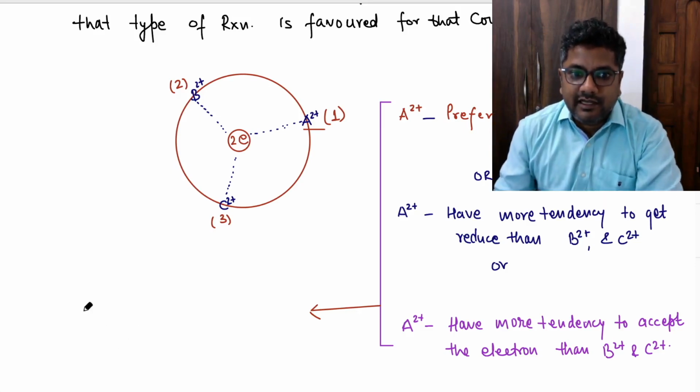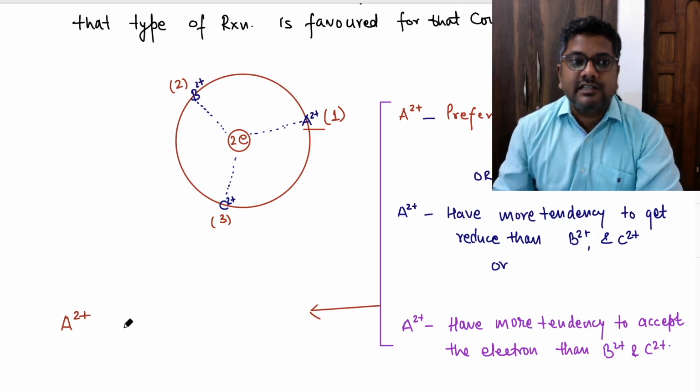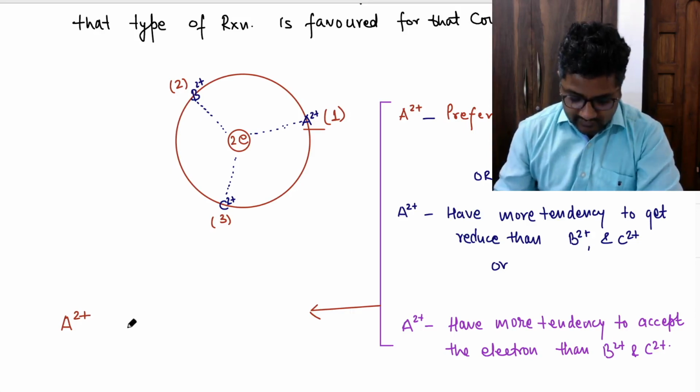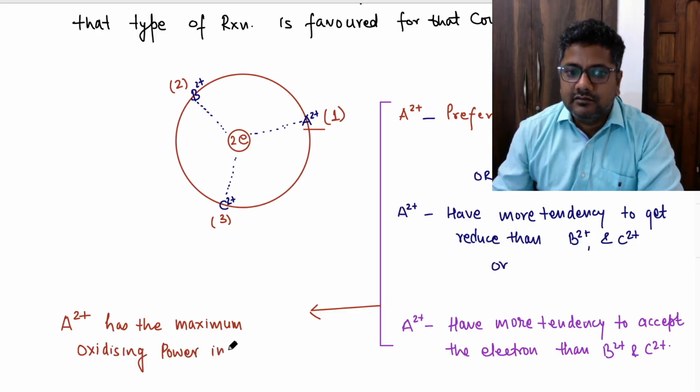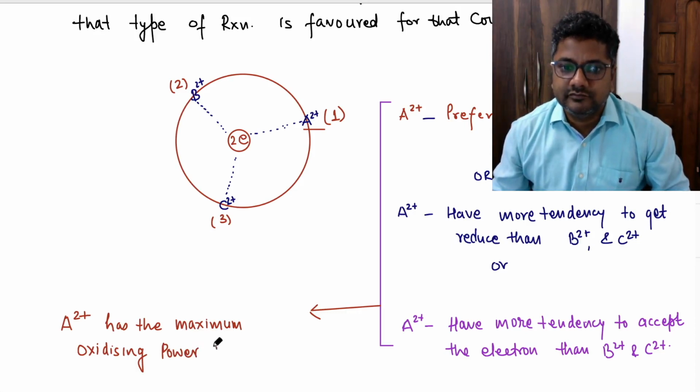So you can say that A2 plus has the highest or maximum oxidizing power compared to B2 plus and C2 plus.